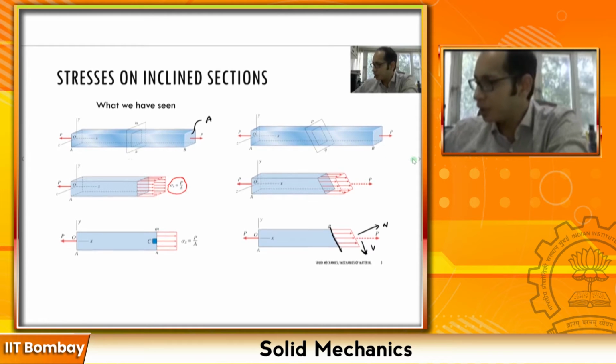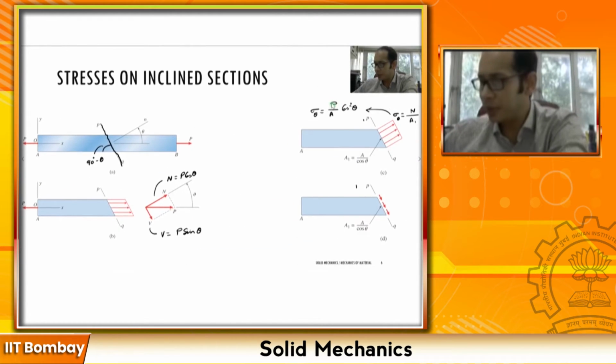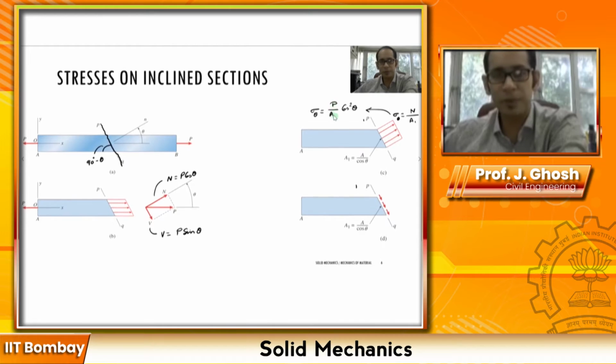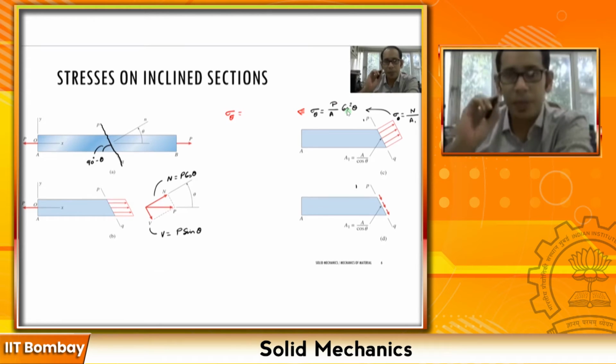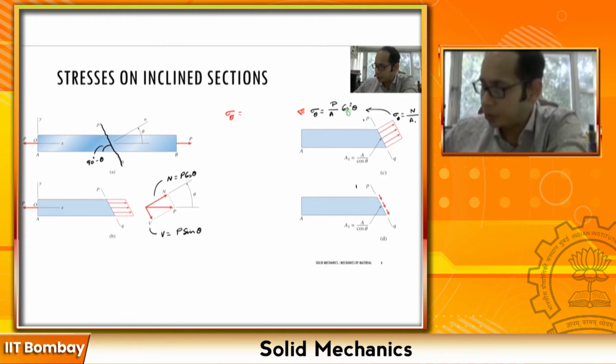So in the equation I just derived, I can replace P divided by A by sigma x. Simplifying this slightly further, my sigma theta is equal to P divided by A, which I am replacing with sigma x.